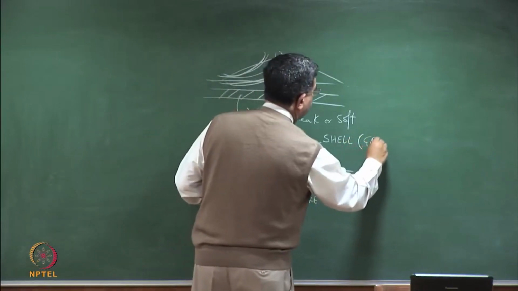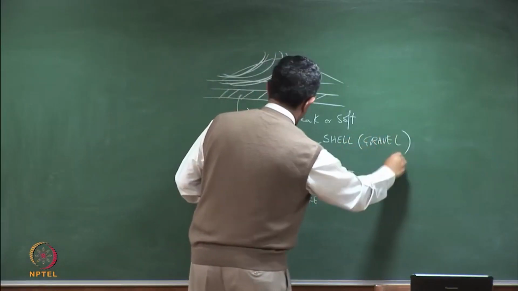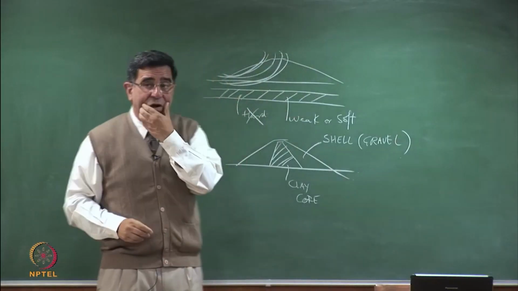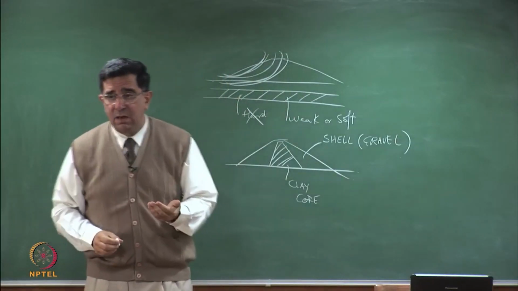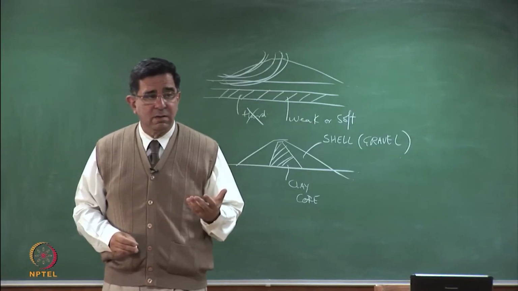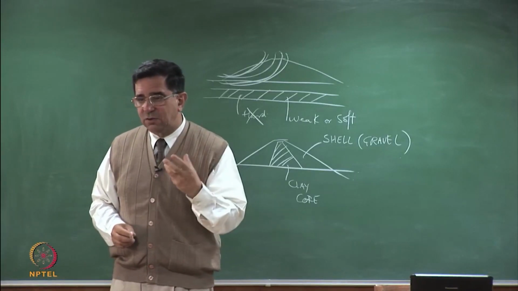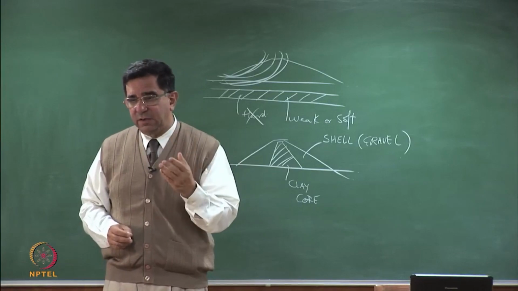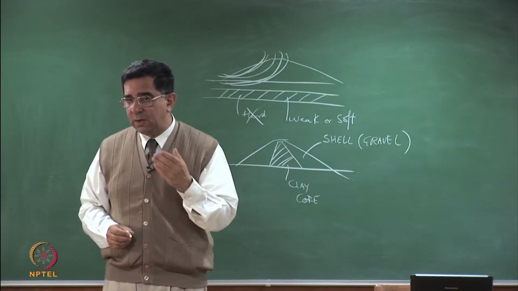Let's say gravel. So which is stronger, clay or gravel? Gravel. So gravel is the stronger material, clay is the softer or weaker material.